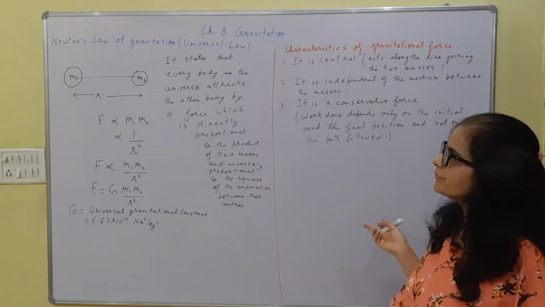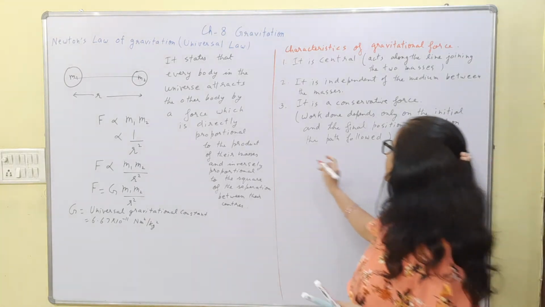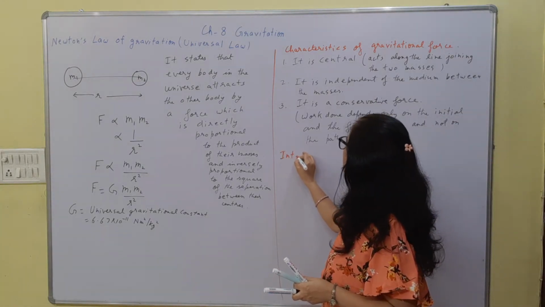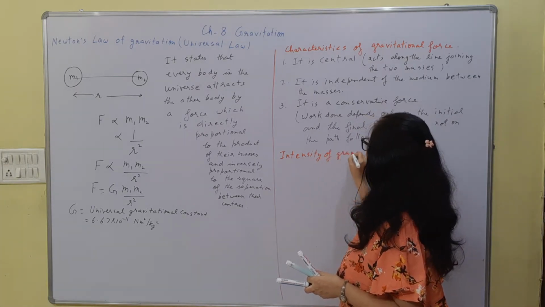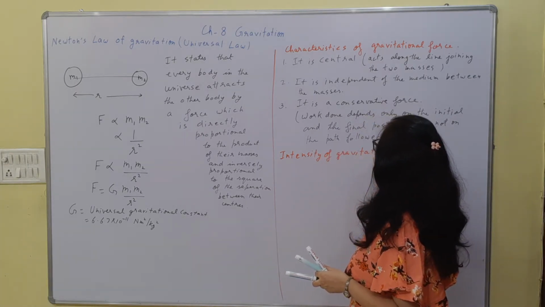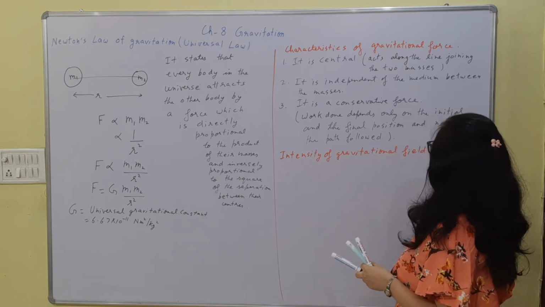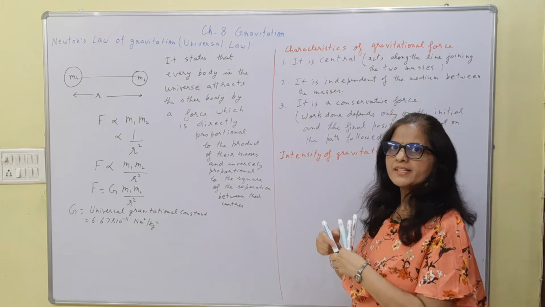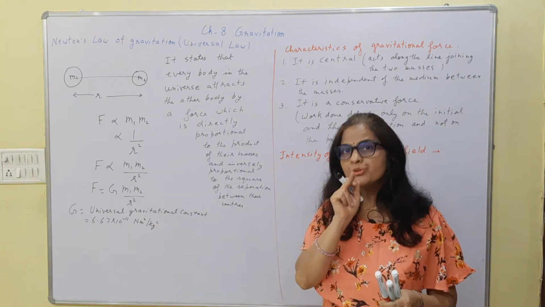Now we come to the intensity of gravitational field. Suppose one body is having mass and the second body is having mass which is equal to unity.